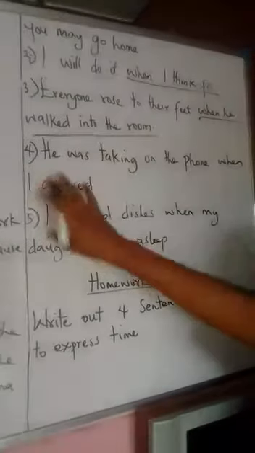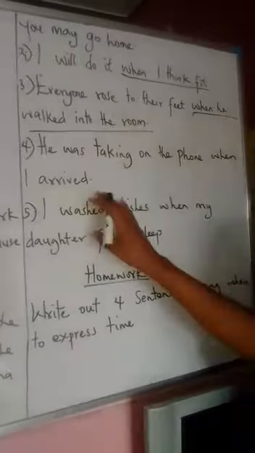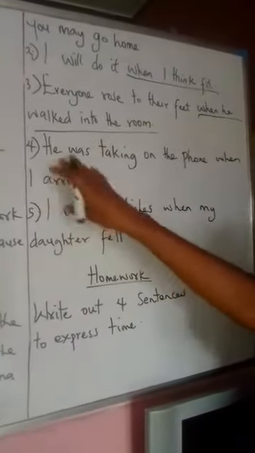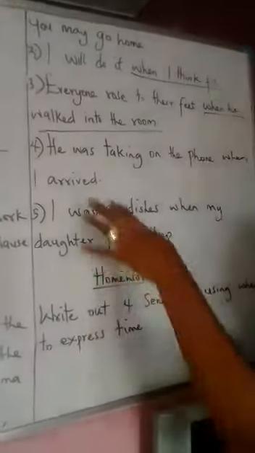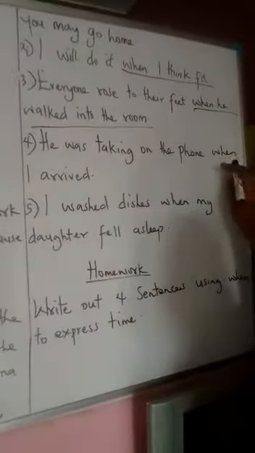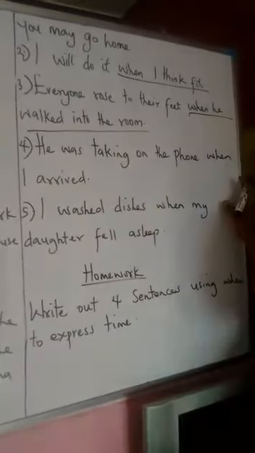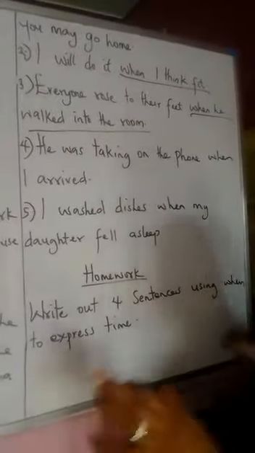Okay. He was talking on the phone when I arrived. When you look at this, you can see that when is in the middle of the sentence. There is no comma. Remember what I told you at the initial stage, that we use a comma when the clause starts the sentence.